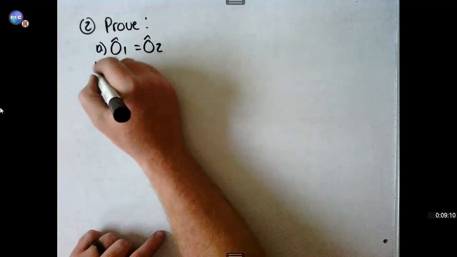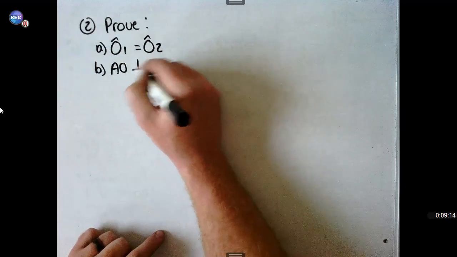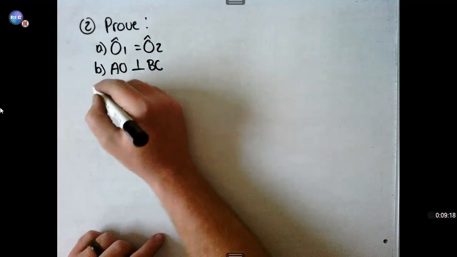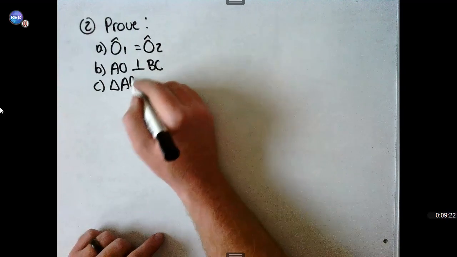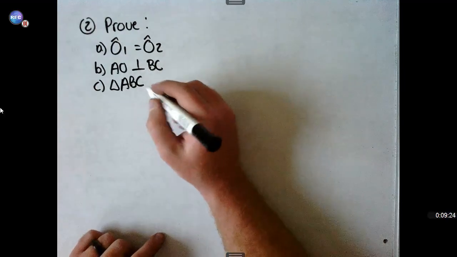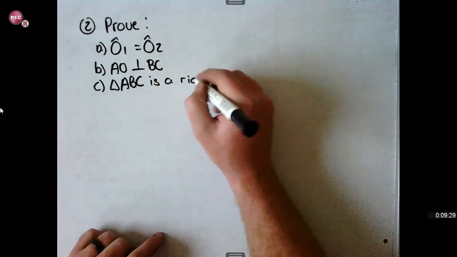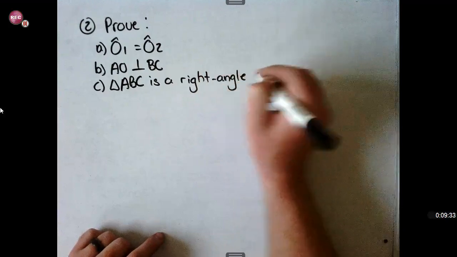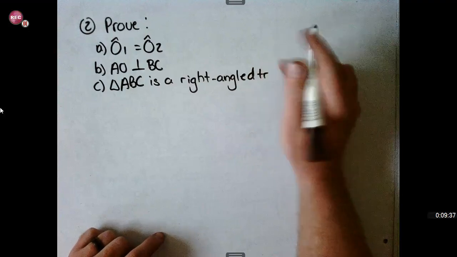Then B, prove AO is perpendicular to BC. And then in question C, they ask you to prove that triangle ABC is a right angle triangle.